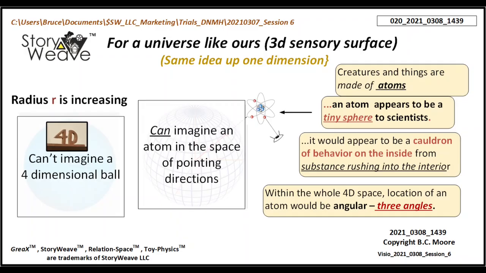So later we'll see that seems like, on the face of it, to be an impossibility in our universe, to specify location by three angles. But later we'll see that it is not impossible. So I'll stick my head in here again.